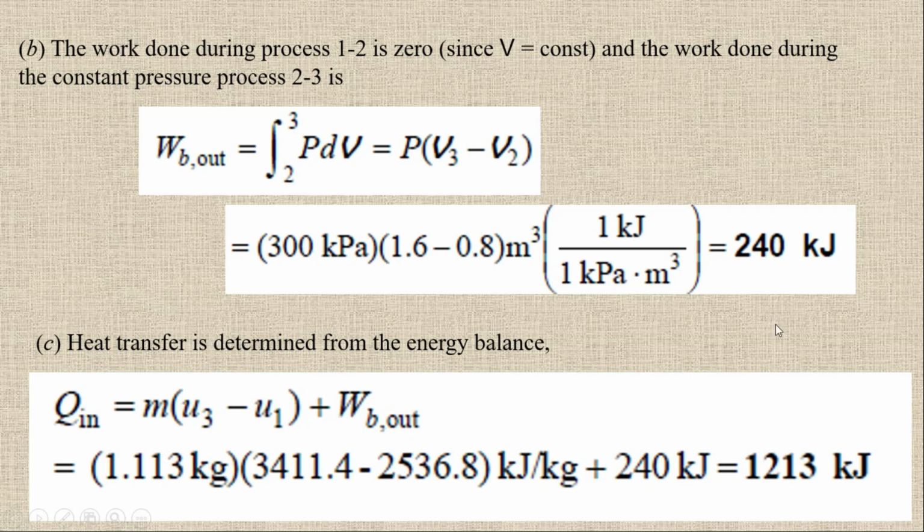We have the boundary work, which is 240 kilojoule. We have already found the value of mass, which is 1.113. We have already solved for U1 and U3. So just by putting in the values, you will get the value of Qin. So Qin, or the heat transfer going into the system, is simply 1213 kilojoule.